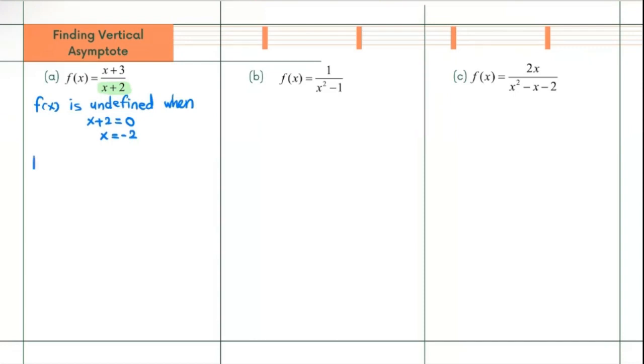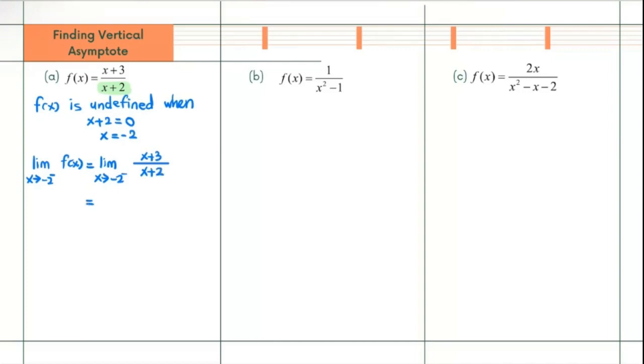By using limit, so limit as X approaching negative 2 from the left of our function. Okay, so saya akan gantikan limit as X approaching negative 2 from the left of X plus 3 divided by X plus 2.